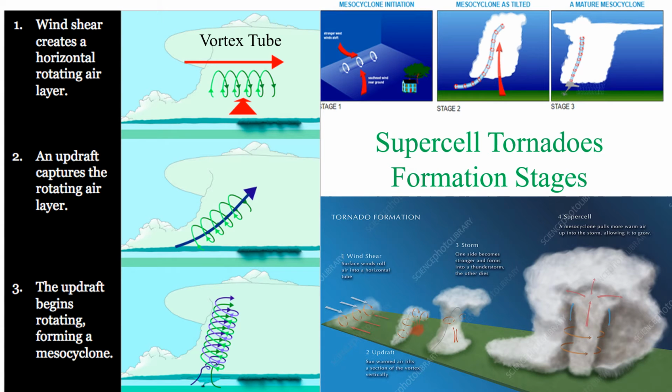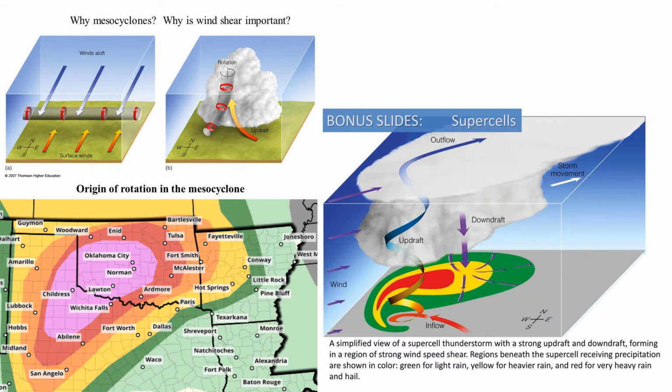This updraft is so strong in a supercell, sometimes exceeding 90 to 100 miles per hour, that precipitation cannot fall through it. So southwesterly wind aloft usually blows the precipitation northeastward.